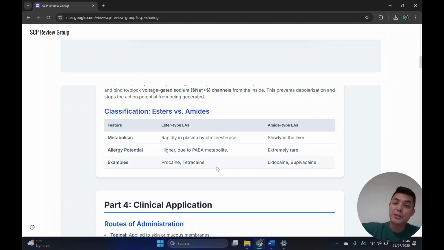Next is your amide. It gets slowly metabolized in the liver, and its allergy potential is extremely, extremely rare. Your examples are procaine and tetracaine for esters, and for amides, lidocaine and bupivacaine.